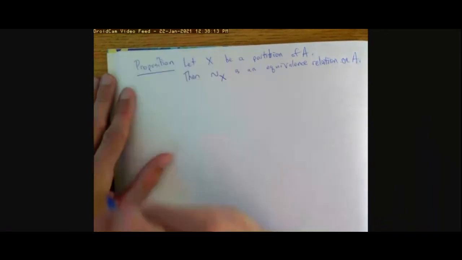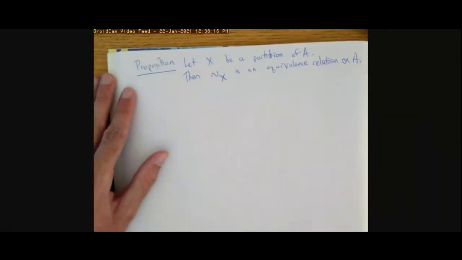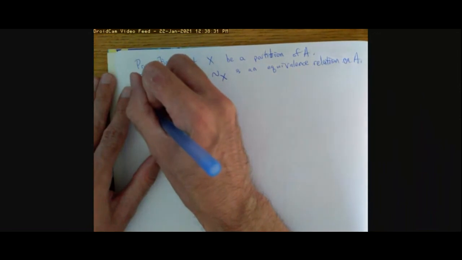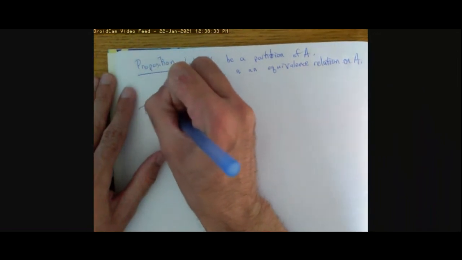And not only that, I can start with an equivalence relation, get a partition, and then take that partition and get an equivalence relation. And these two processes are inverse to each other. So that is like a theorem.